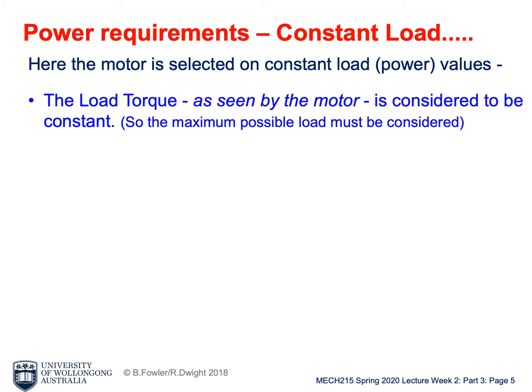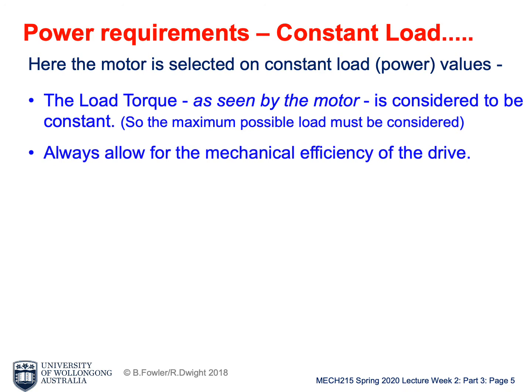We have to convert all those values to the motor side. We have to know what the motor sees: the speed, the torque, and the power. While we're doing that, we have to allow for the efficiency of the mechanical gearbox. Each level of gears will have some energy loss, so the efficiency factor needs to be considered.